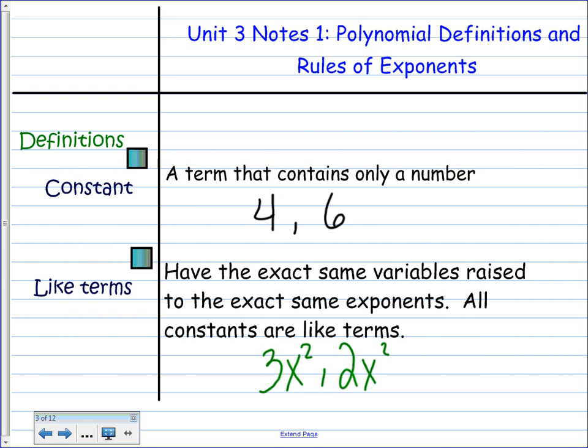Both of those are like terms. They both have this exponent of 2. That exponent of 2 makes them like terms. So why don't you go ahead and write down an example of your like terms. Make sure they have the same exponent. The coefficient can be different, but the degree of each term needs to be the same.